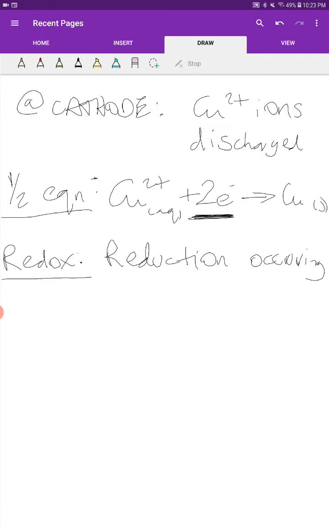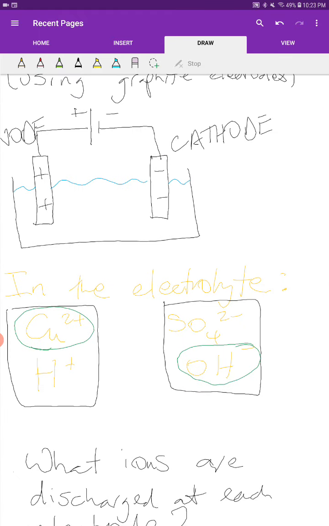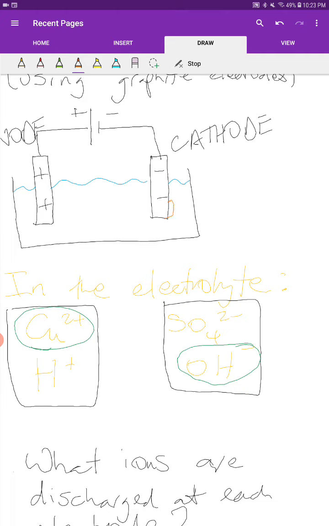Now, you can also be asked, what would you observe? Now think about it. You're forming solid copper. So what do you think you're going to see at your cathode? You're going to see a reddish brown or orange solid forming around the electrode. That is your freshly formed copper.